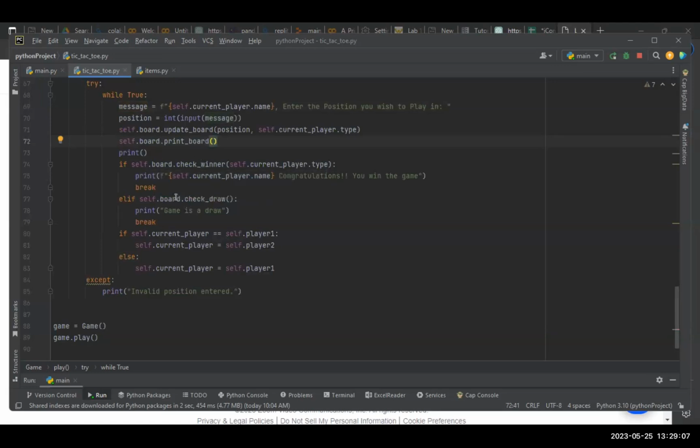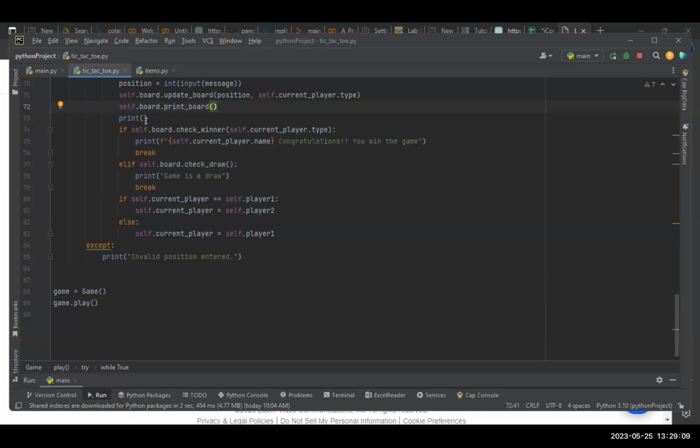And then after that, I check if the game has ended by checking the check winner function, and if it's true, then it prints congratulations, you win the game. If not, then the game is a draw, and then I switch the player.